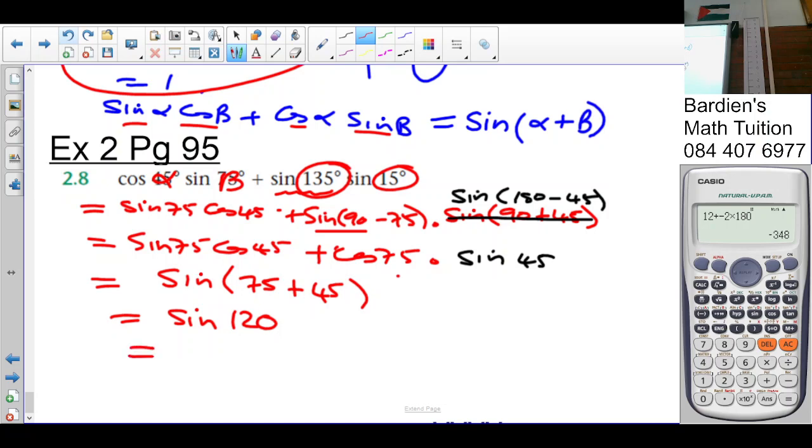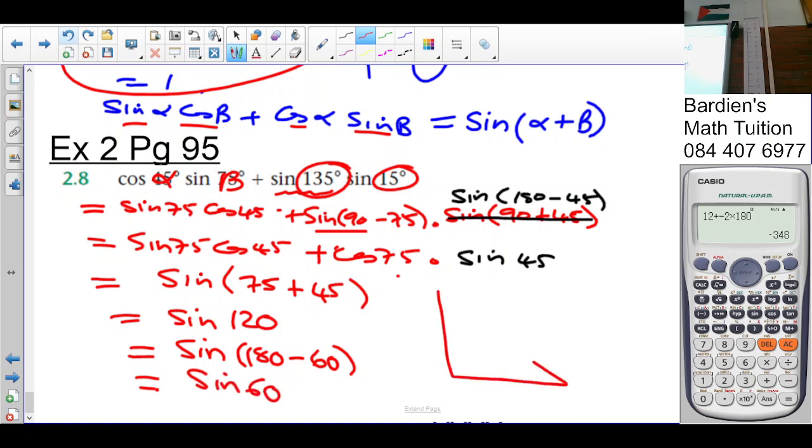Can be reduced to what? Sine 180 minus 60. That's the second quadrant. Sine positive or negative? Positive. So it's going to be sine 60. So that takes us to the special angle triangle. So that is 30, 60, 1, 2, root 3.